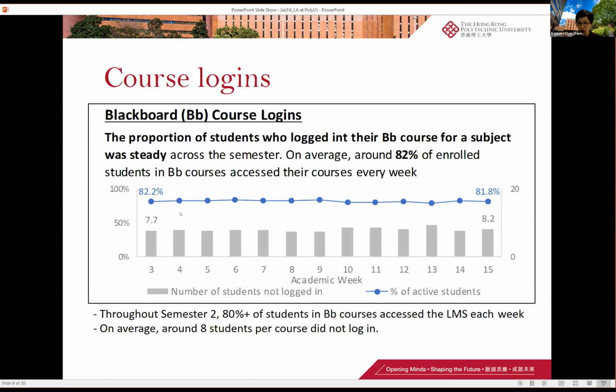On average, across each week, about 7 to 8 students per course have not logged in. So when we produce the report and send it to the teachers, we actually provide them the names of the students so that they can follow up on those who did not log in to the course.